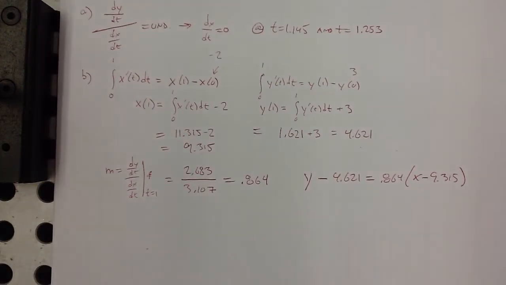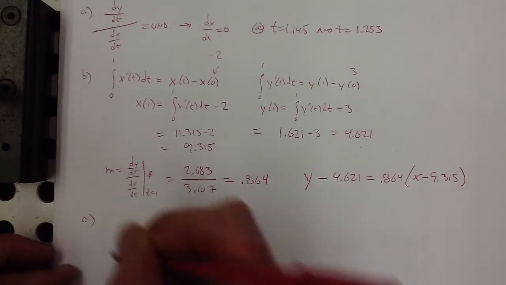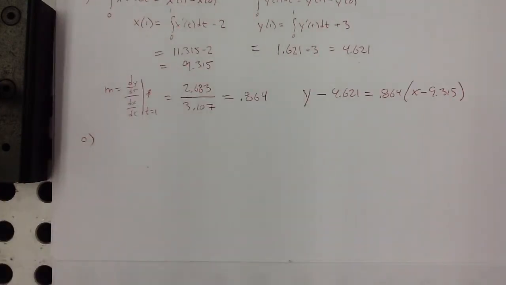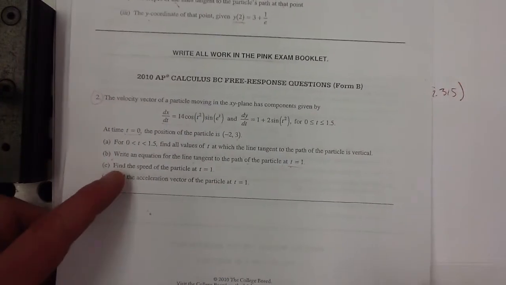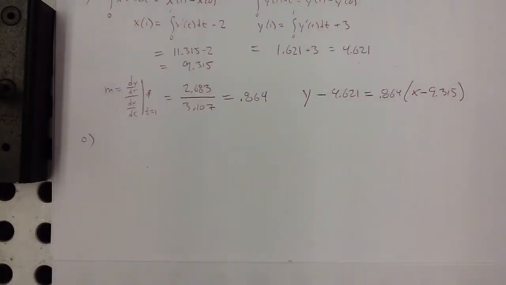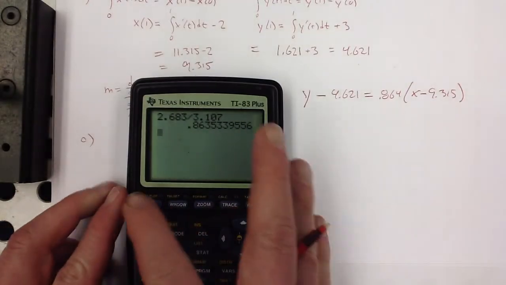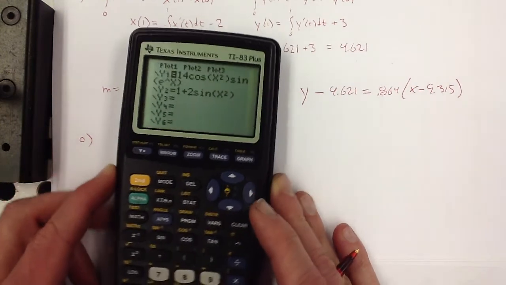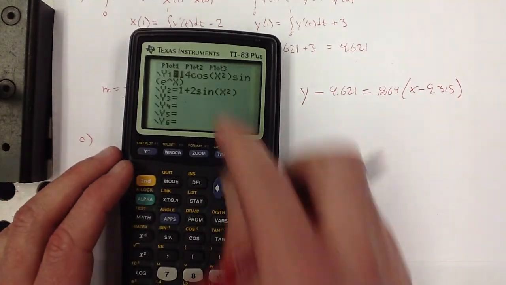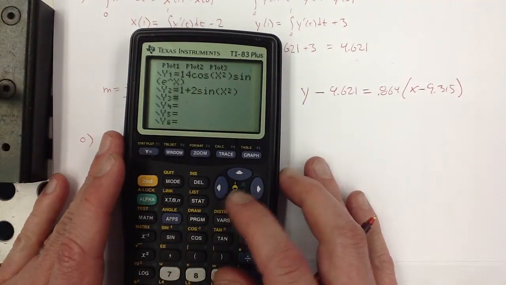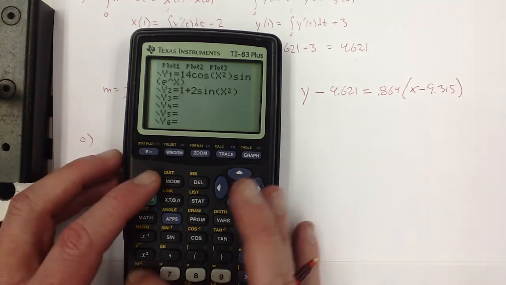I'm tired. Okay, now, part C. Find the speed of the particle at time 1. Well, here we saved a little bit of time, perhaps, because I can do a speed function like this.